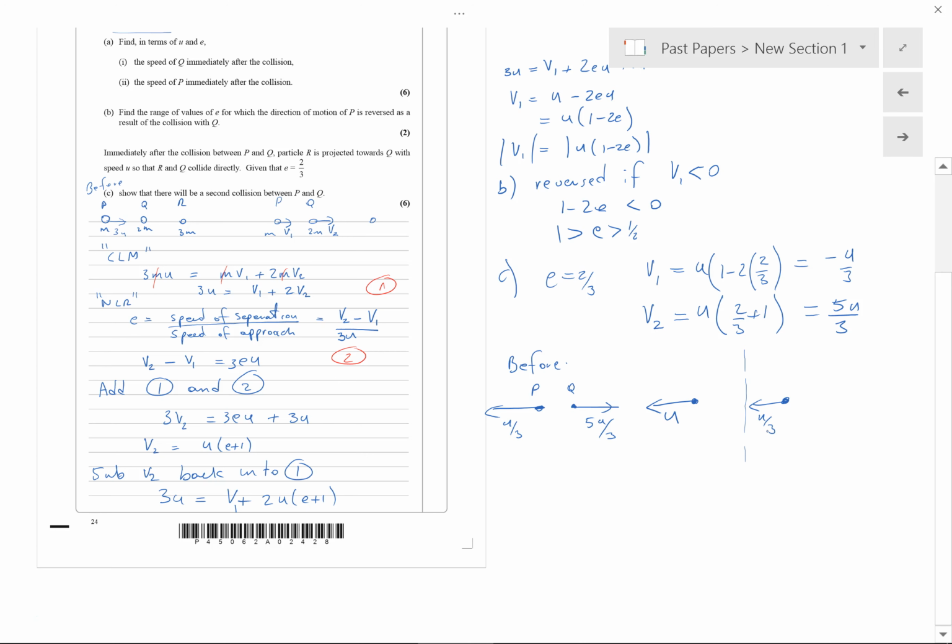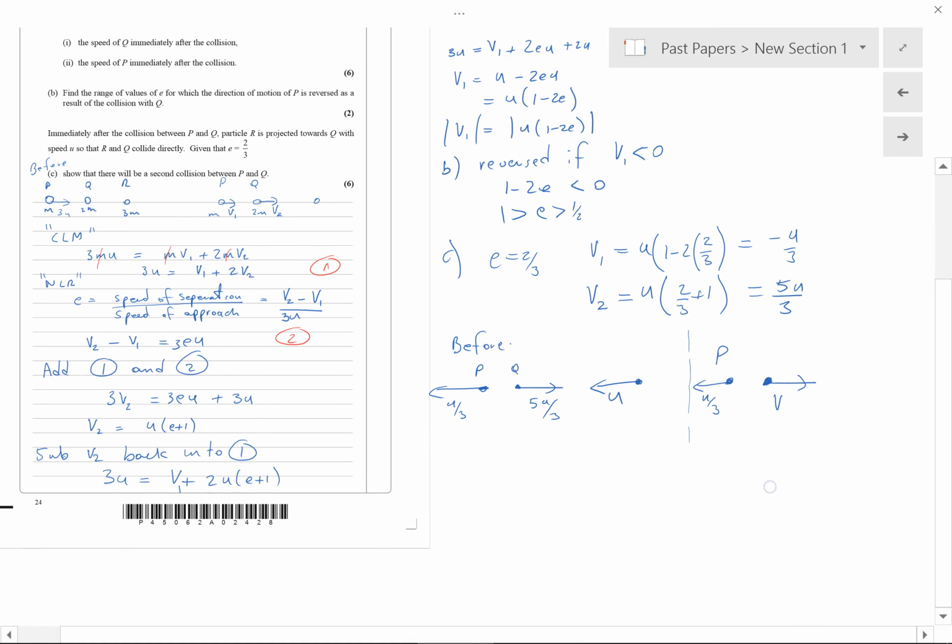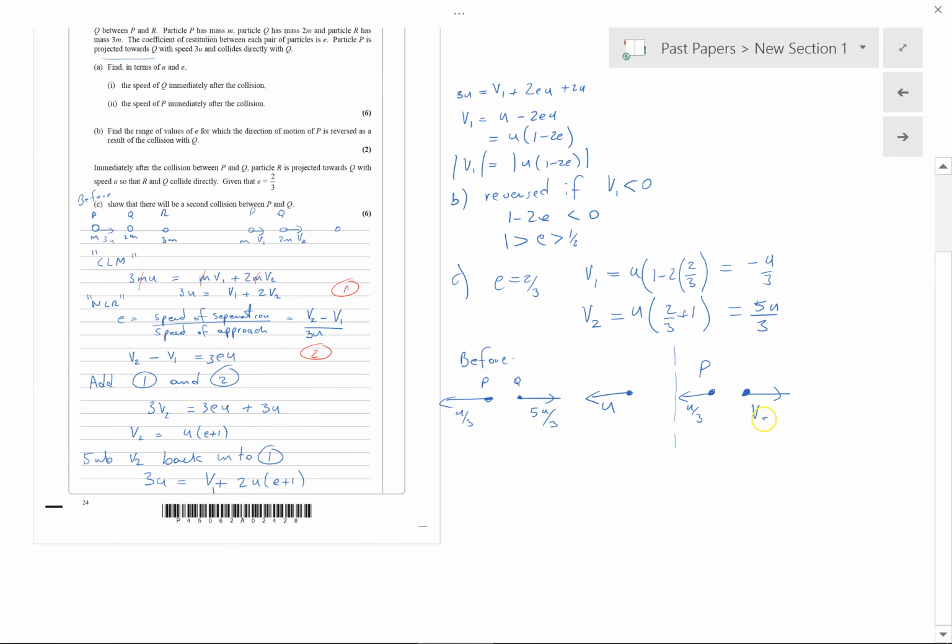Okay, now that's our P. I'm going to still have everything going in this direction, even though we're going to expect these to be negative. V3 is going to go in that direction, and V4 is going to go in that direction, so we don't have any confusion with signs.